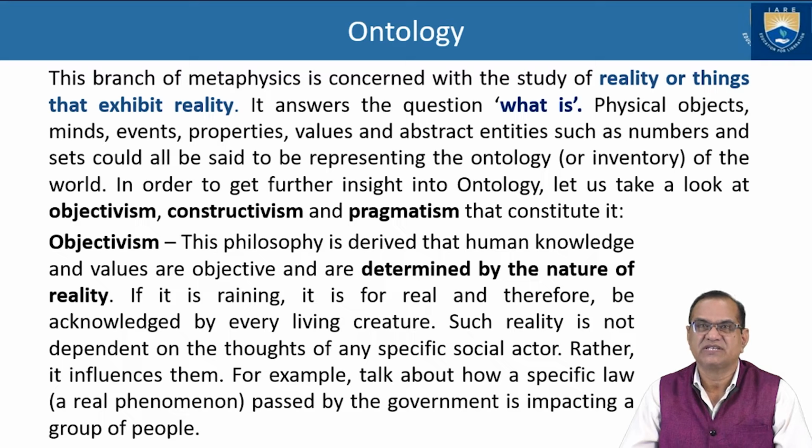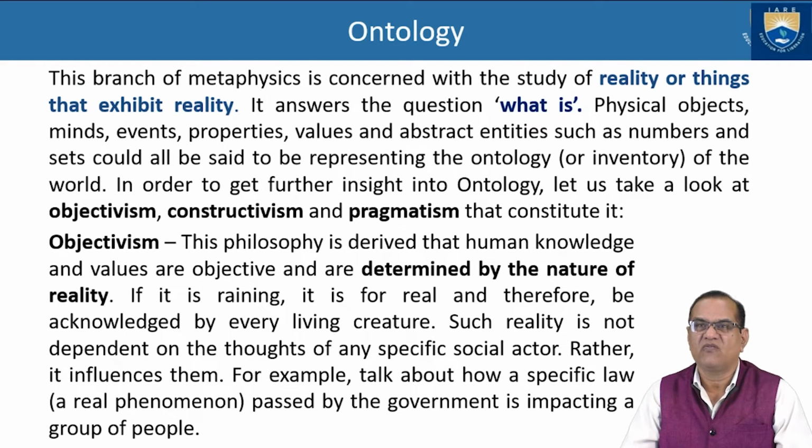Physical objects, minds, events, properties, values, and abstract entities such as numbers and sets could all be said to be presenting the ontology. Ontology means an inventory of the world.